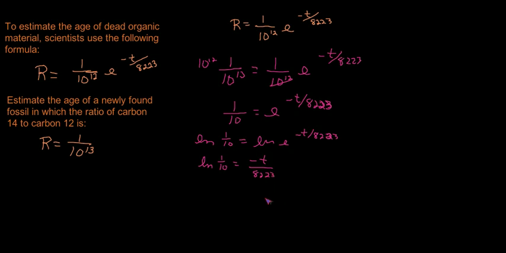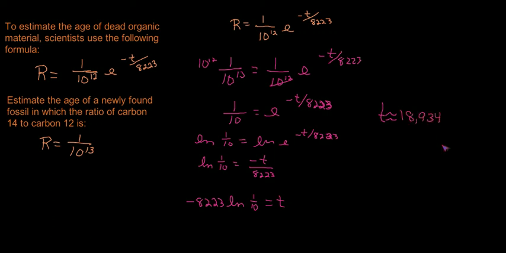And then we're just going to multiply negative 8223 on both sides. And that's going to get us our value for t. Once we simplify this, t actually becomes approximately 18,934.